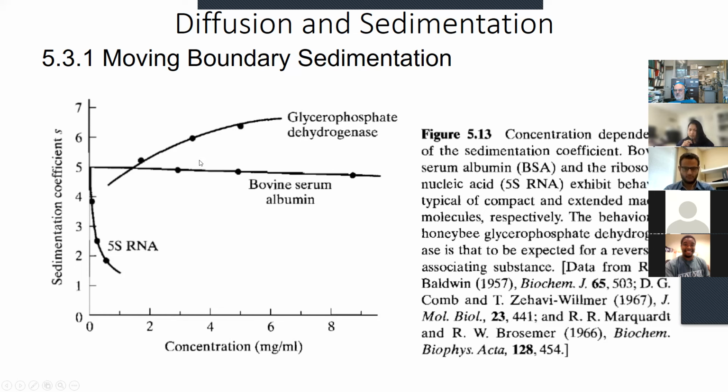It's making an oligomer of some kind, some reversible associating substance, okay? And so lots of proteins do this, and you do sedimentation experiments in this way to get the concentration dependence. So in principle, as we'll see next week, you can use sedimentation data to solve assembly problems, okay?